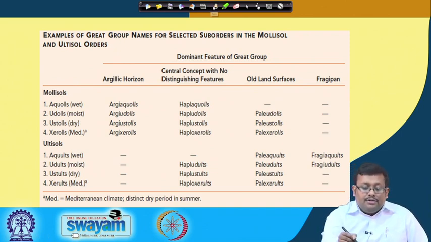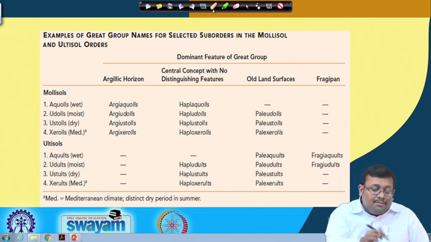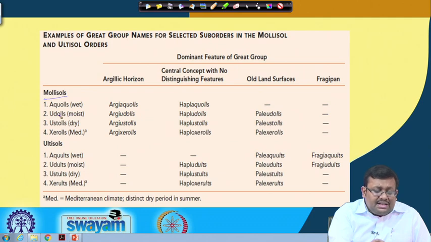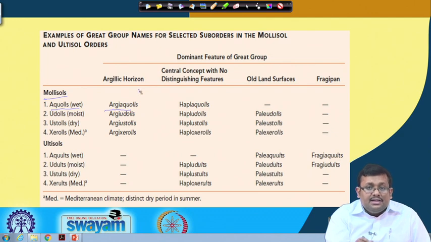Let us consider Mollisols. First of all, this is Aquolls. Aquolls is a suborder, and when there is the presence of an argillic horizon, Argiaquolls is a great group example.